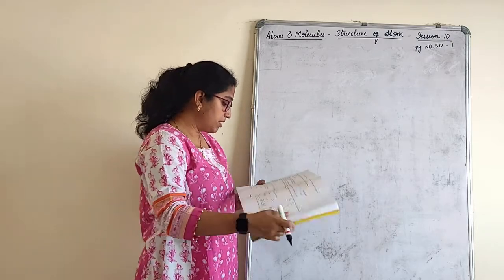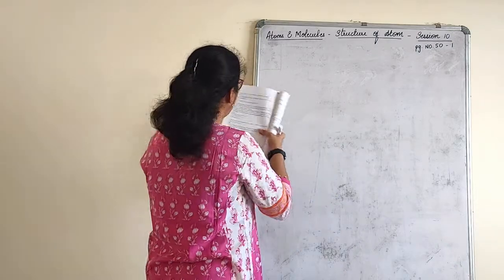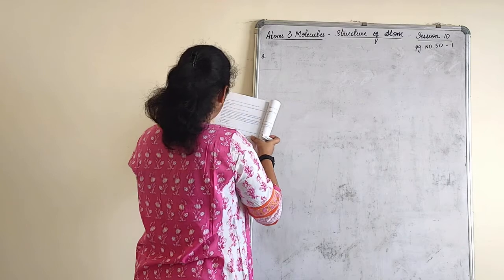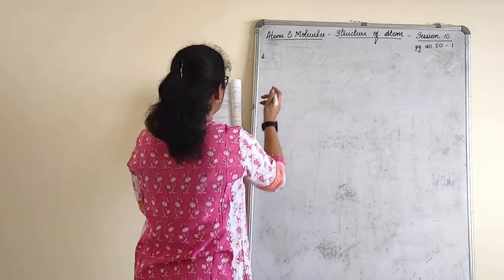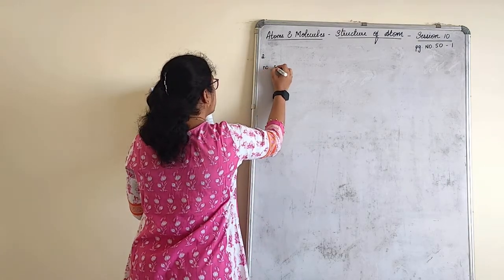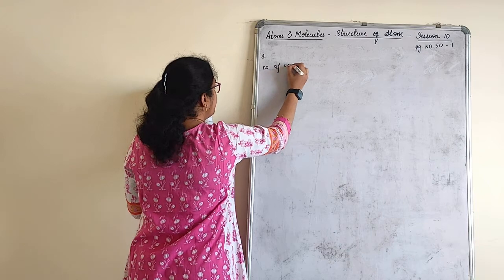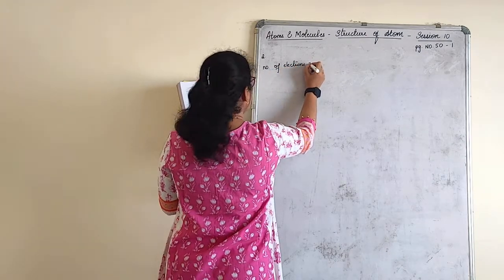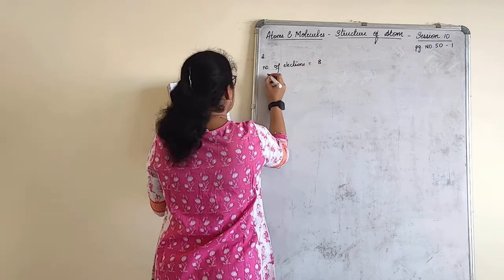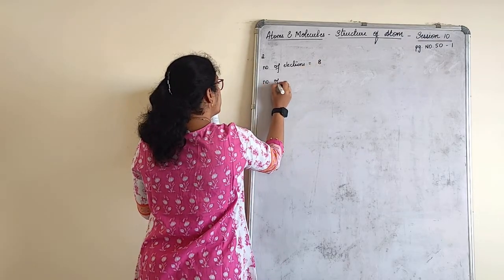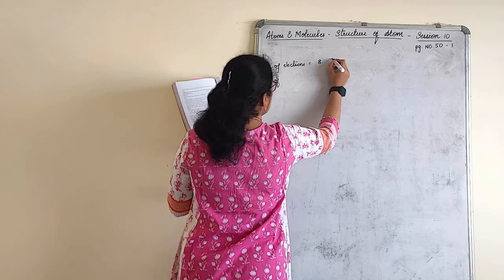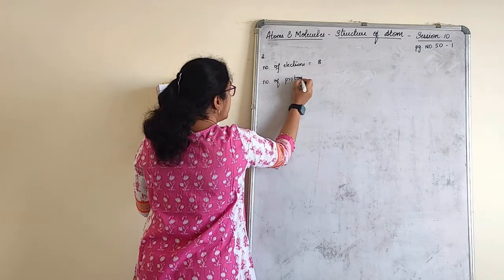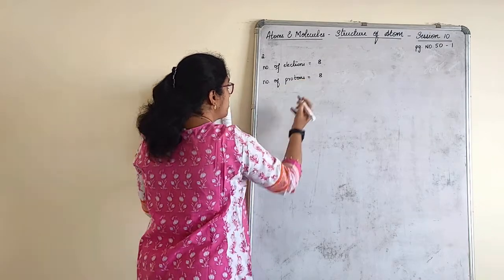It's on page number 52. First one. I will take that as a second question now. Whatever I am solving, I am taking. If the number of electrons in an atom is 8, number of protons, so number of electrons are number of protons, even if they don't give you, electrons are equal to number of protons, right?